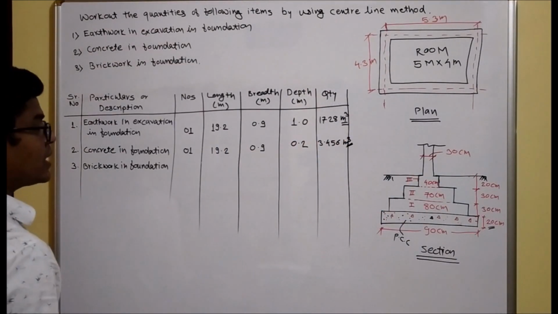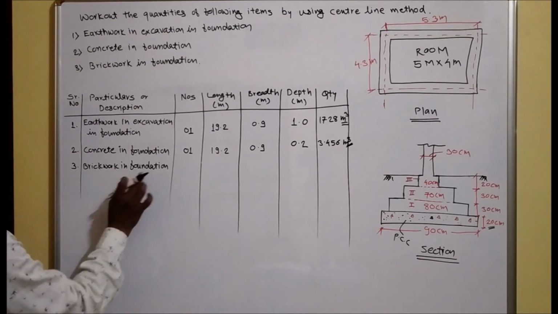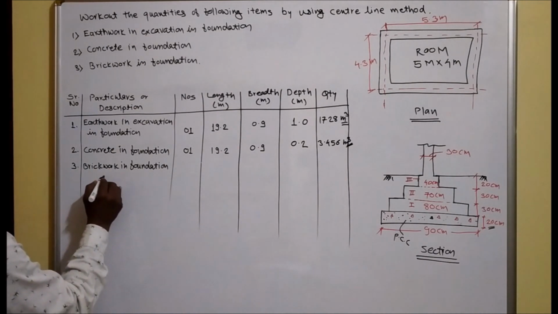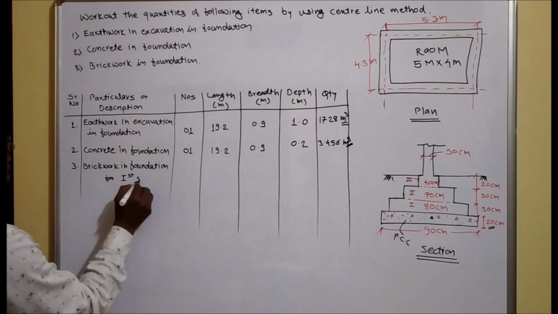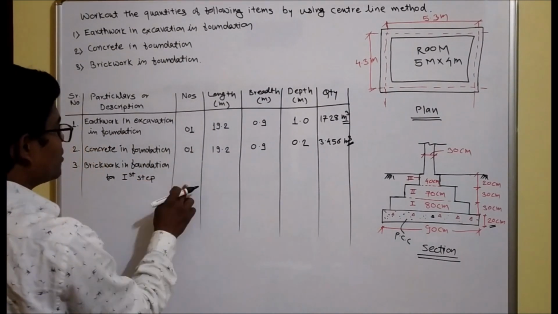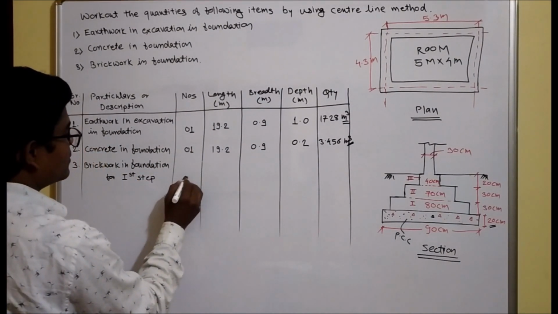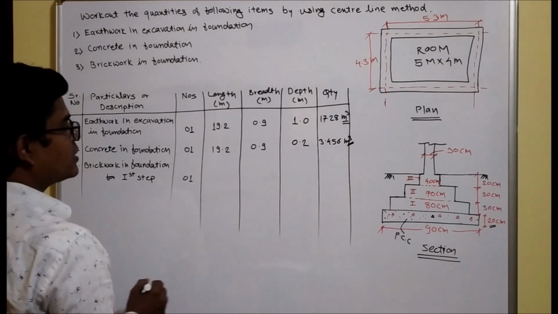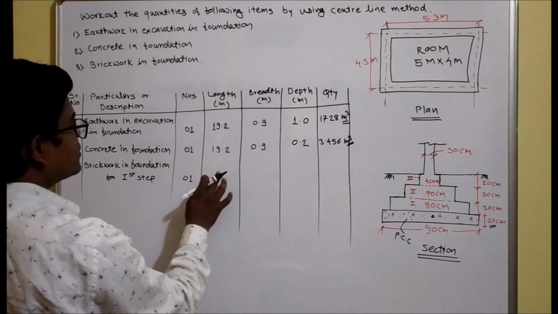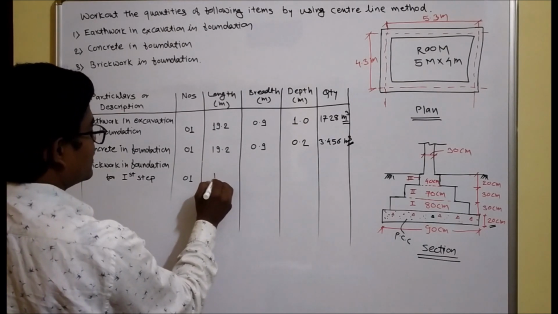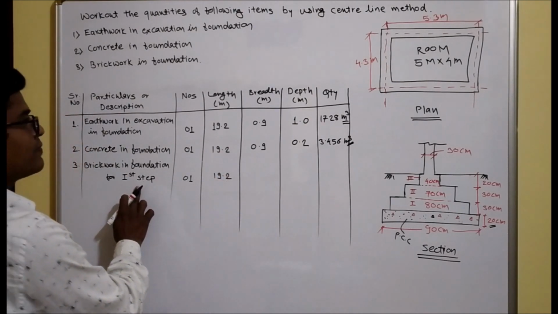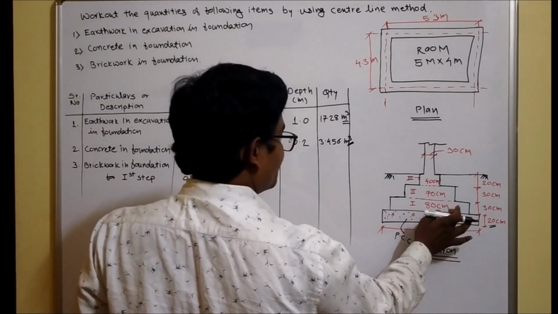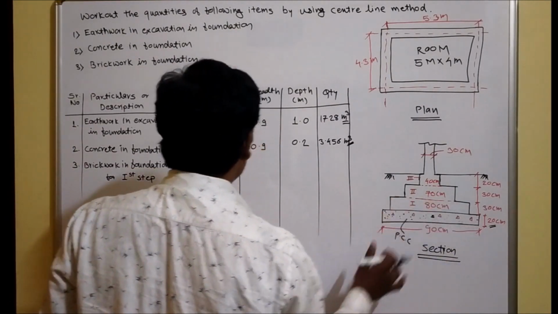So according to that, brickwork in foundation for first step, in numbers column 1, the length of total center line is 19.2 for first step, and what is the width of this first step? 80 centimeter.